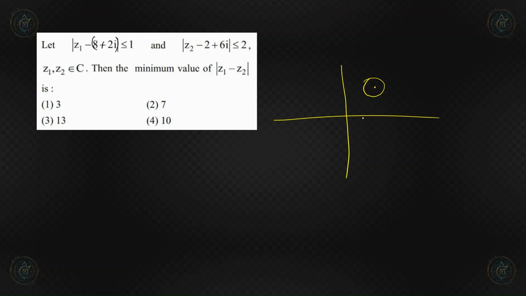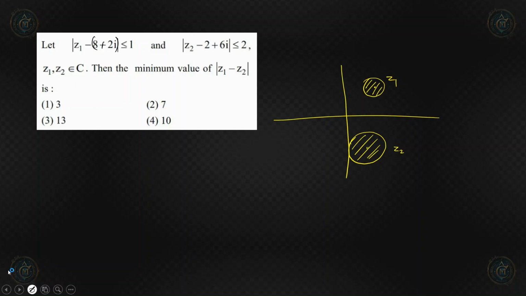So 2 comma minus 6 will be somewhere here. Okay, with radius double of this disk. So let's say this is our disk. Okay, this disk is touching the y-axis. So we have these two disks. Z1 is lying on this and Z2 is lying inside this disk. Okay, so we have this.